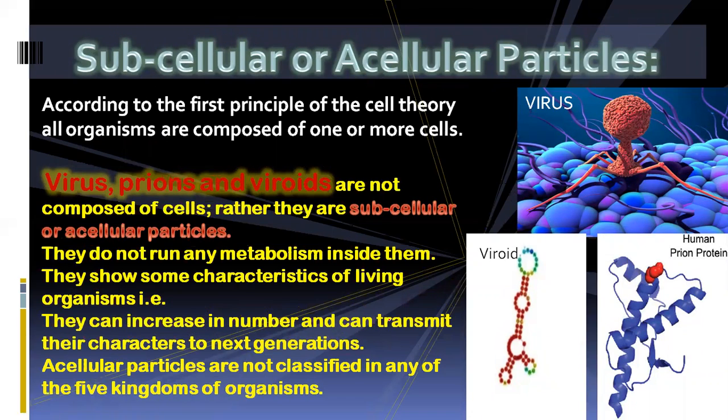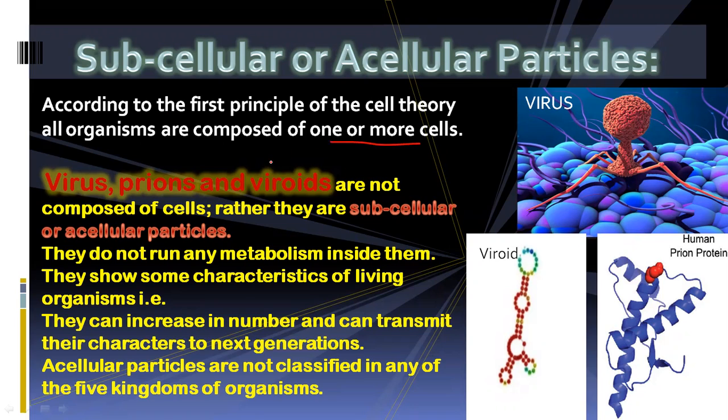First of all, we will see subcellular or acellular particles. According to the first postulate of cell theory, all organisms are composed of one or more cells. But there are certain organisms which are not composed of cells.